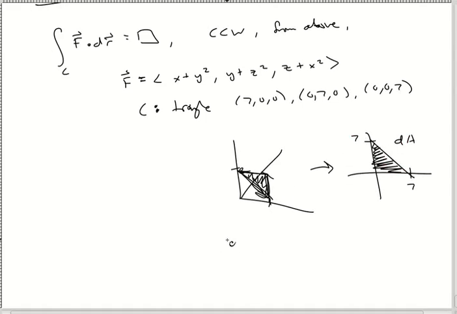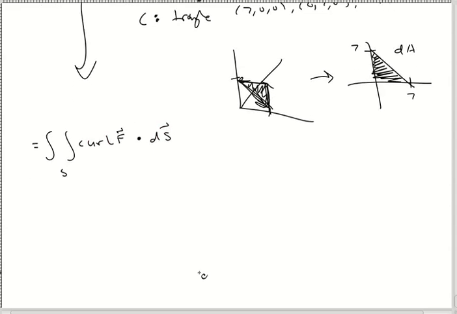Let's now put it all together. So I'm going to now convert this to a double integral over my surface of curl f dot dS, essentially. Well, really the curl part's going to be a big focus, and so let's start working on our curl of f.